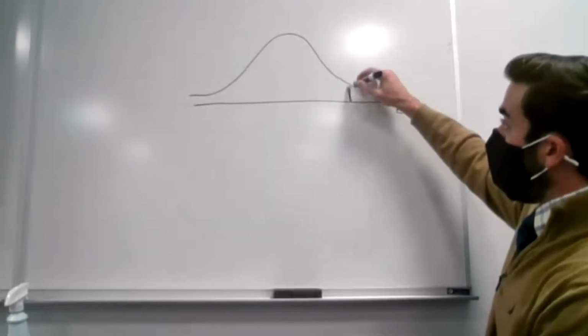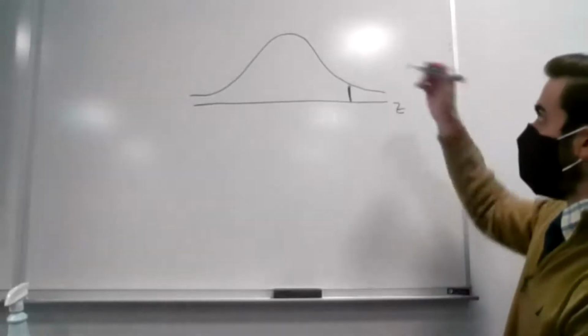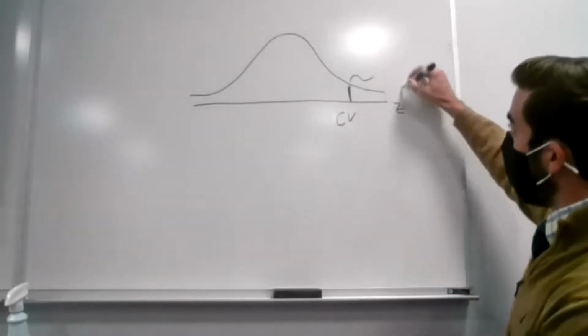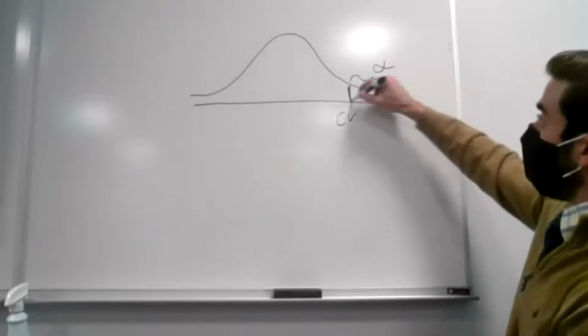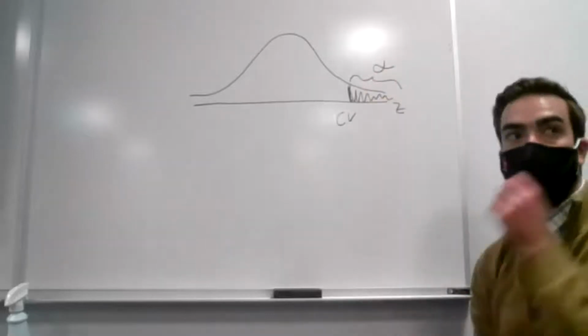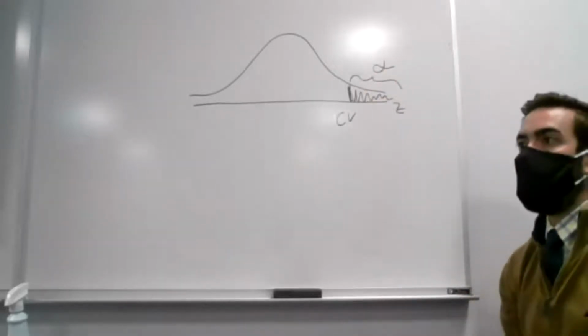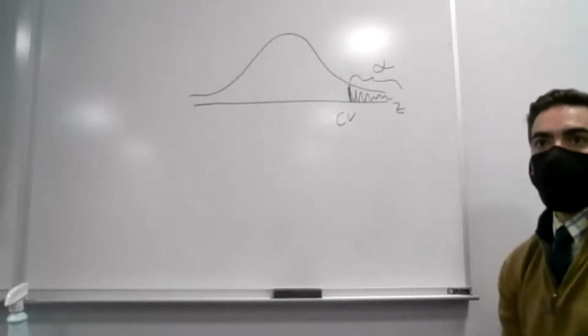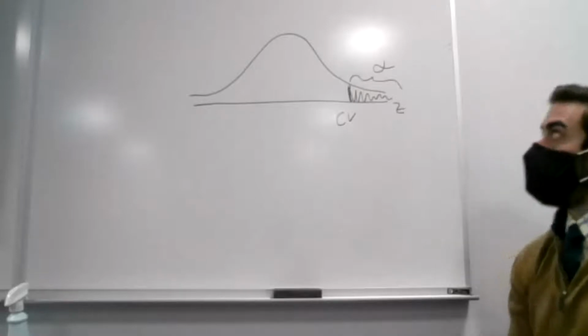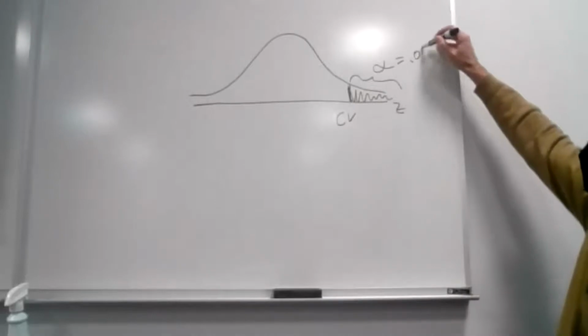So if we want to find the critical value that gives us the alpha that we've specified in the upper right tail, how could I find that? Let's say alpha is 0.05.